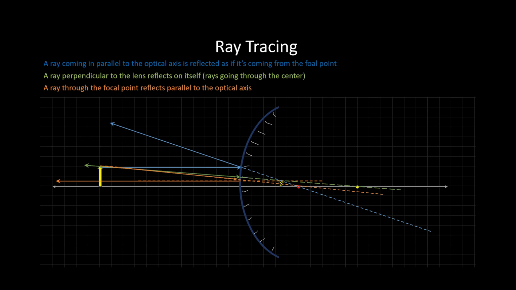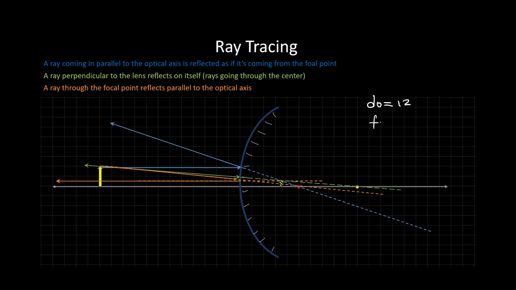Let's see if we can use the lens equation for this. The object distance is 1, 2, 3, 4, 5, 6, 7, 8, 9, 10, 11, 12. So d_o is 12 in this case. And the focal length is 1, 2, 3, 4, 5.